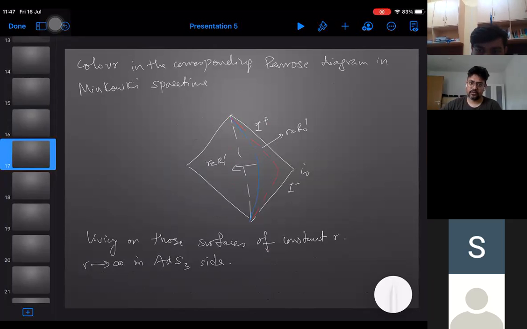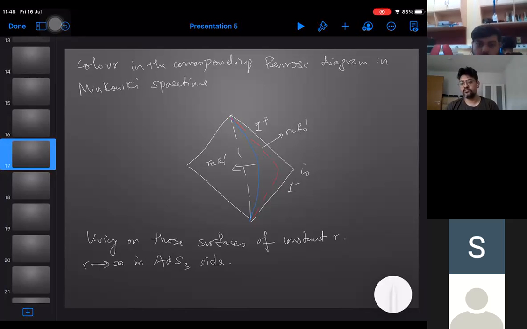But how does one get this structure of null infinity? When you work with AdS in global coordinates, you just have a cylinder. But when you take this limit on the metric itself, the metric changes. So the metric becomes like this, and from there you can define this Penrose diagram.